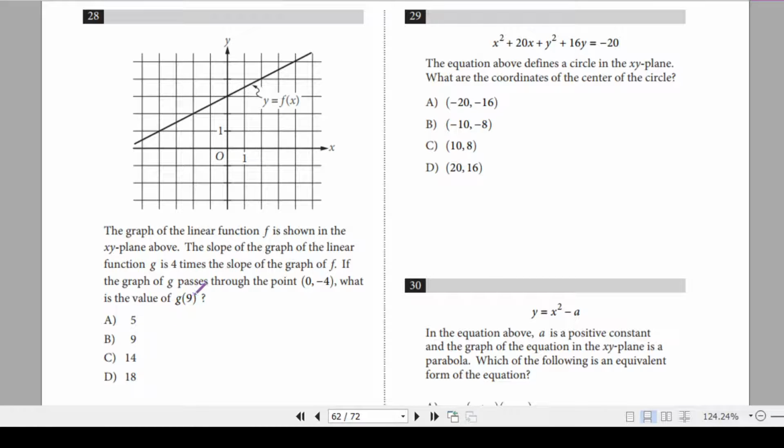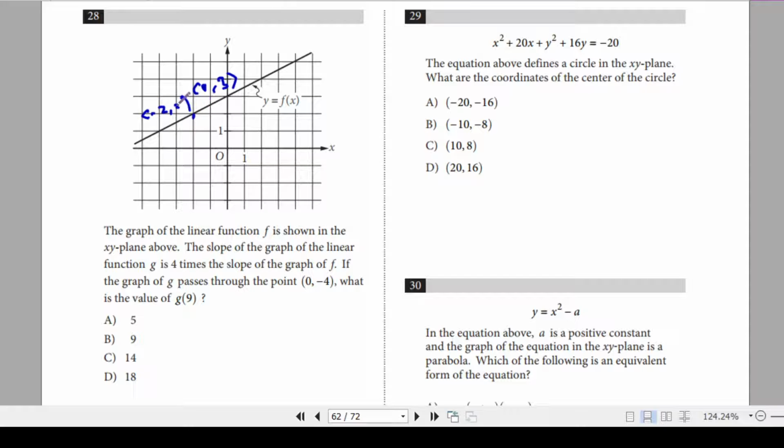So we'll find this function g first, then we'll see what is the value of g of 9. Okay. So let's get 2 points from here. One is this, 0, 1, 2, 3, so (0, 3). And take any other point, this one, minus 1, minus 2, (-2, 2).